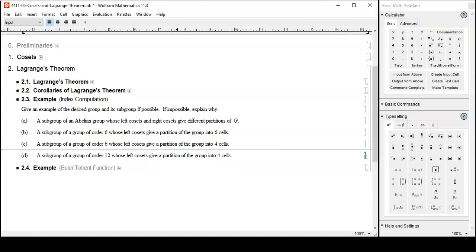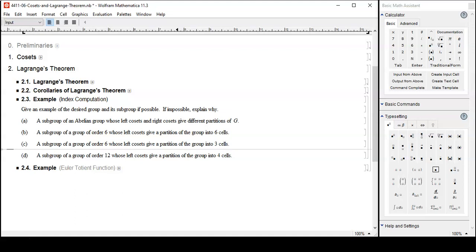Remember, Lagrange's theorem says the order of the subgroup must divide the order of the original group. So the order of the subgroup times 4 must be 6. That's not possible.